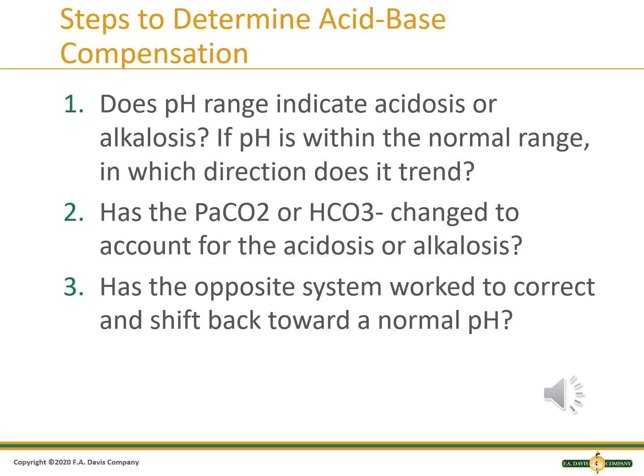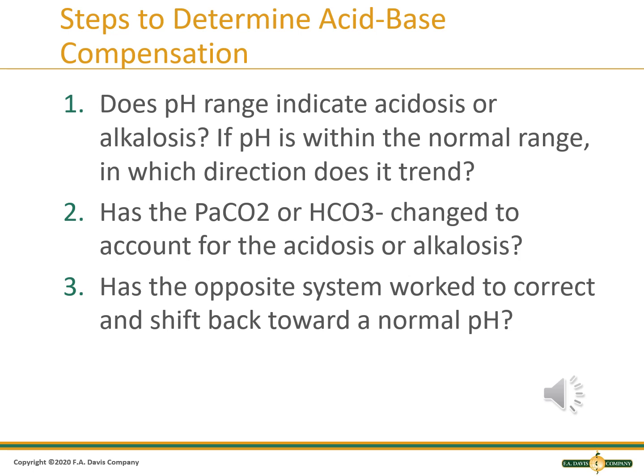So we need to see out of those two which one matches the pH. That's going to tell us if it's a respiratory problem or a metabolic problem. Then step 3, has the opposite system worked to correct and shift back toward a normal pH? So that remaining parameter, did it move out of range to fix the main problem, or is it within range?